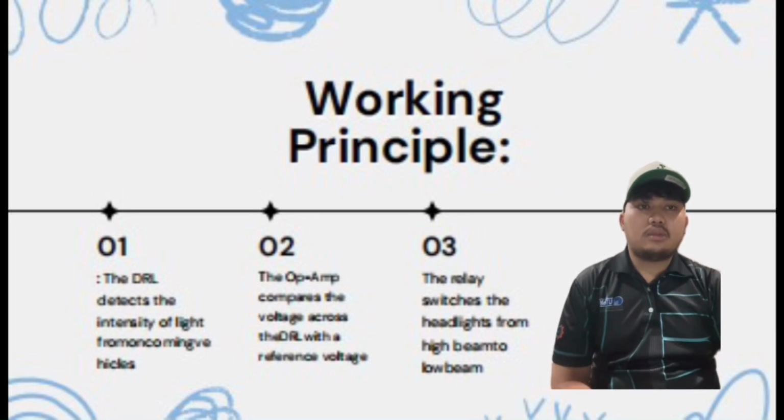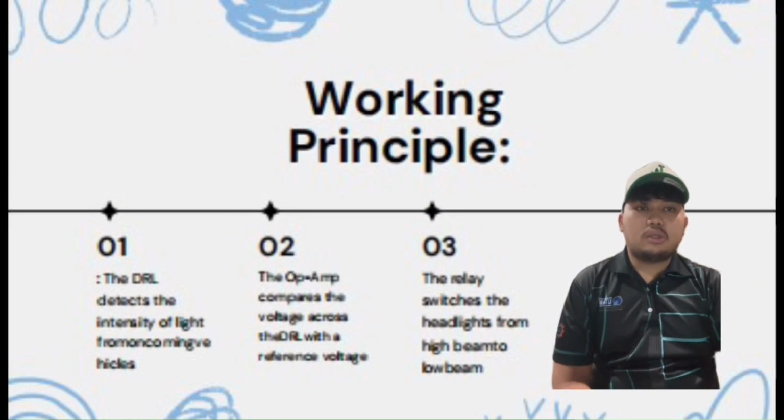The LDR detects the intensity of light from an oncoming vehicle. When the light level exceeds a certain threshold, the resistance of the LDR decreases. Op-amp as comparator: the op-amp compares the voltage across the LDR with a reference voltage.